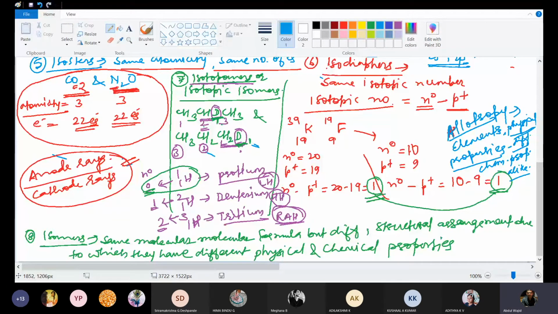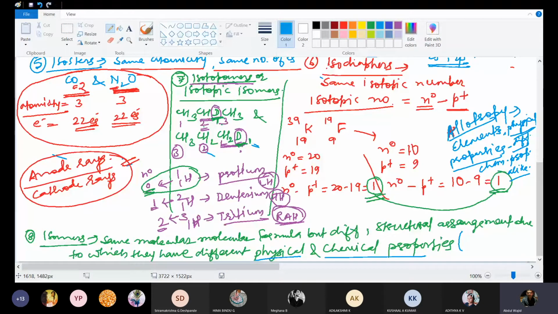Is it okay? What about the isomers? Isomers will have different physical and chemical properties, and they are shown by organic compounds or inorganic compounds. I will never give you the right options. This question was there in IIT: option A organic, B inorganic, C covalent.